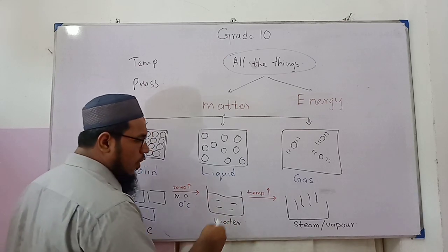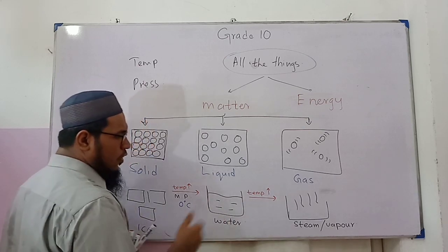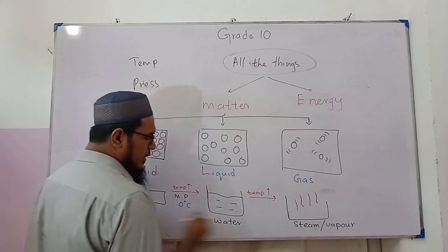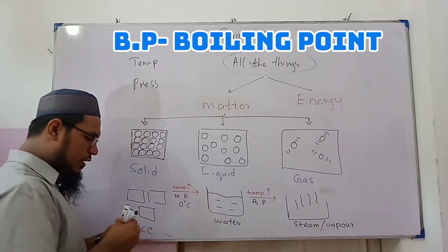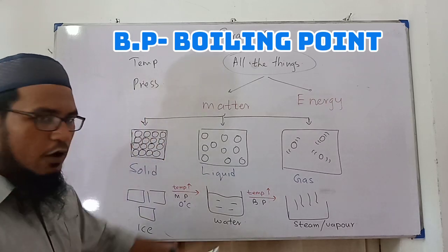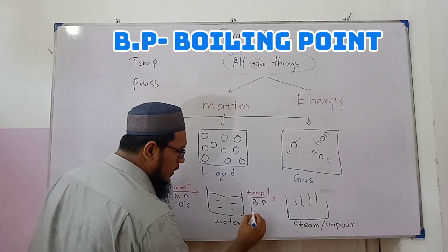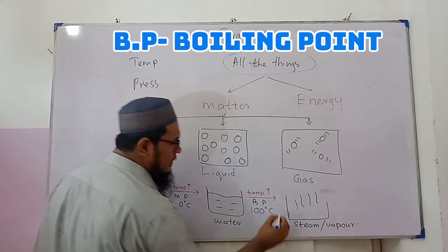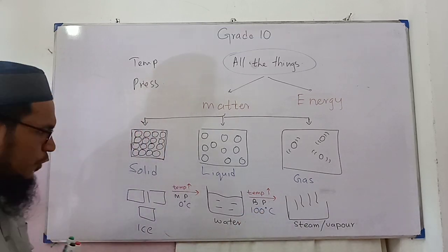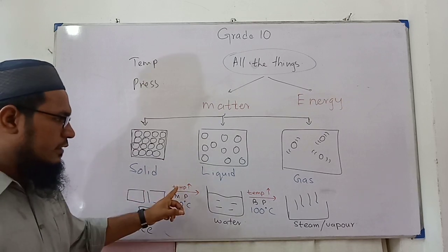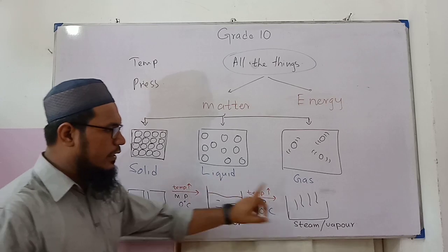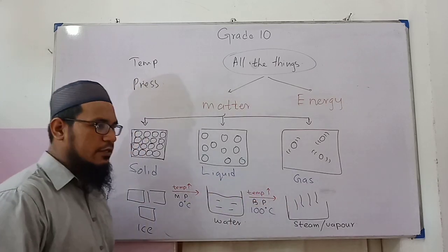The point at which a liquid turns into gas is called the boiling point. The boiling point of water is 100 degrees Celsius. I hope you have understood this. Solid turns into liquid by increasing the temperature, and liquid turns into gas by increasing the temperature.